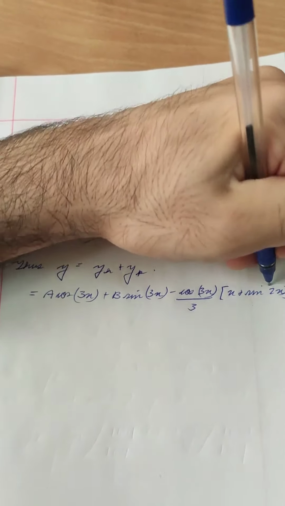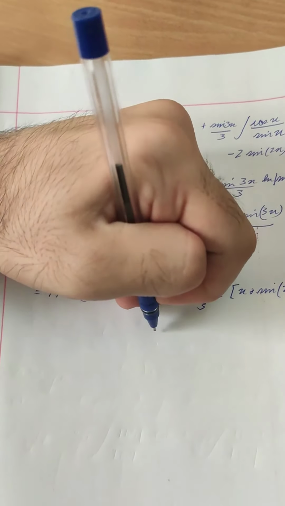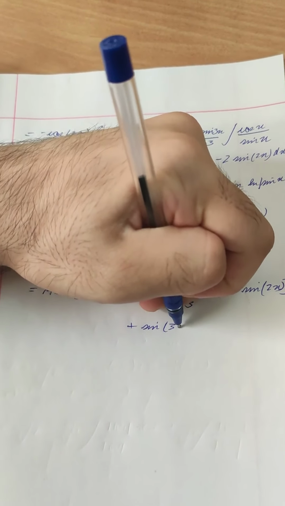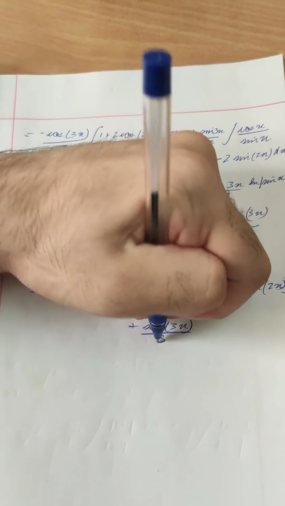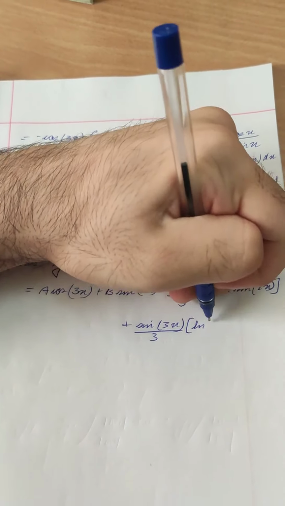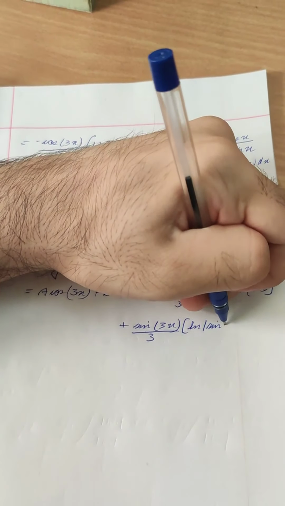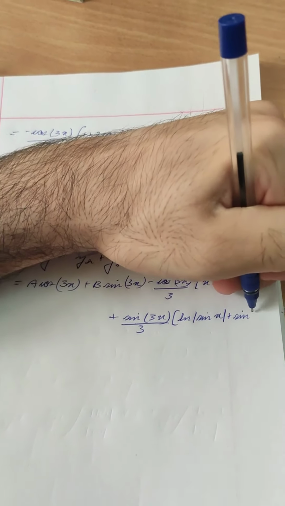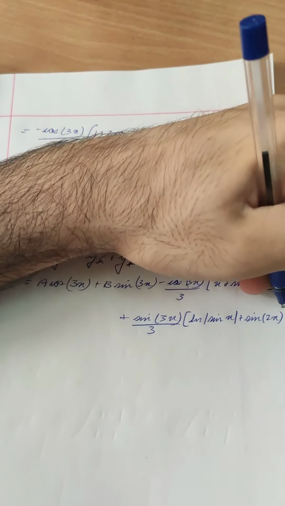Yeah, this seems correct. And there would be another term, since no space, so I'm writing in the next line, sine 3x by 3 natural log sine x plus sine 2x, right?